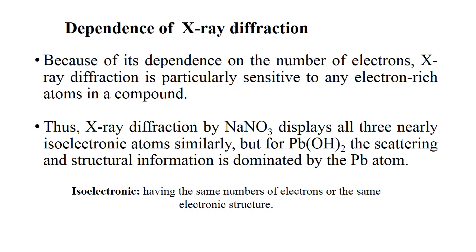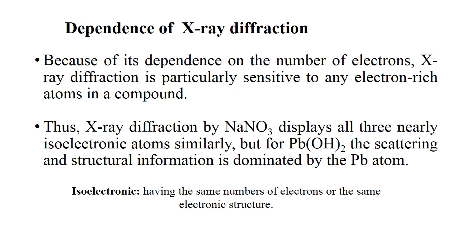If we are given a compound, the electron-rich centers in the compound may interfere with the X-rays and produce the diffraction pattern, and hence the diffraction pattern depends upon the electron-rich centers.